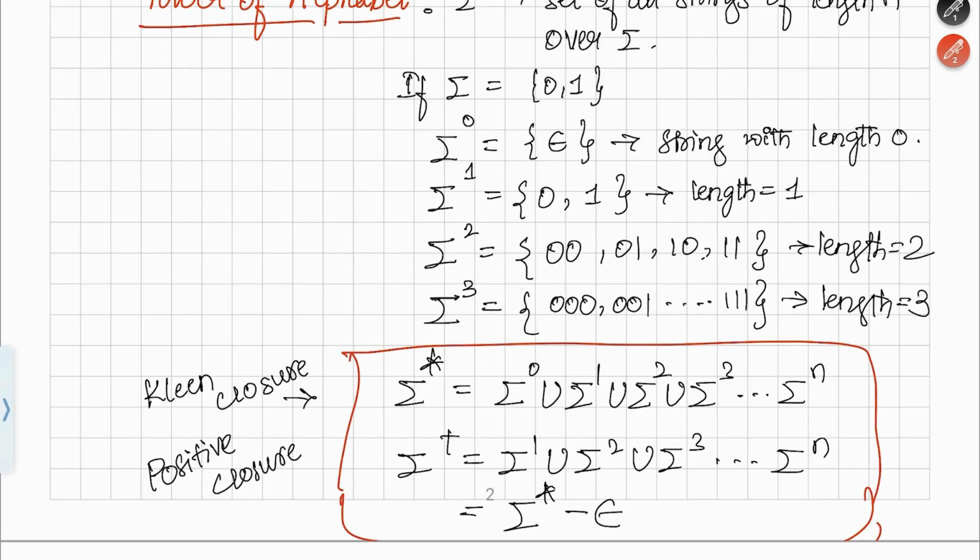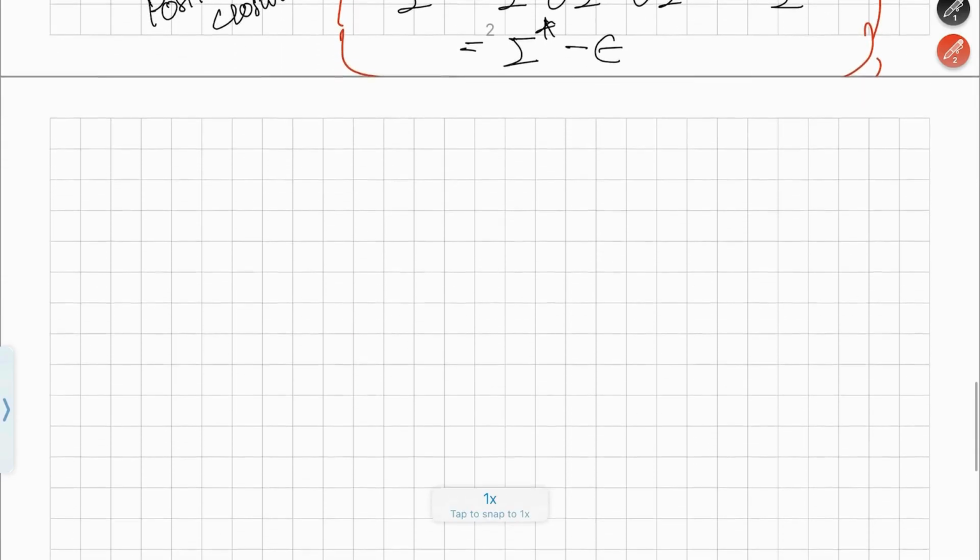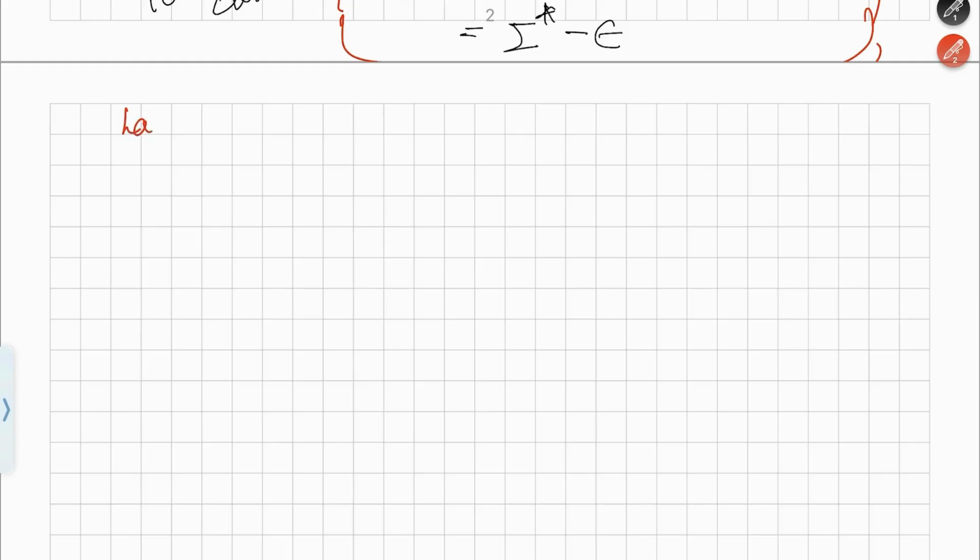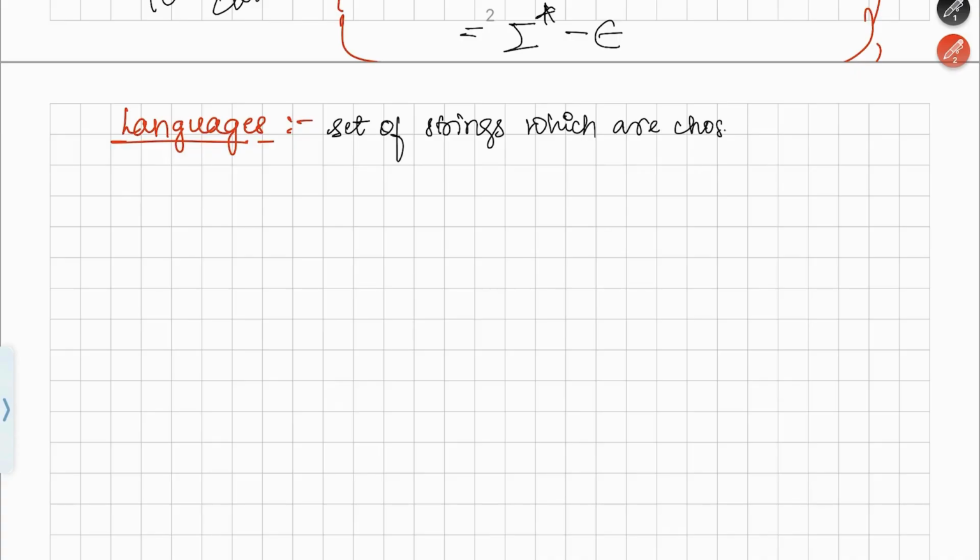Moving on, the next very important topic is called languages. A language is a set of strings chosen from sigma star, where sigma is a particular alphabet.